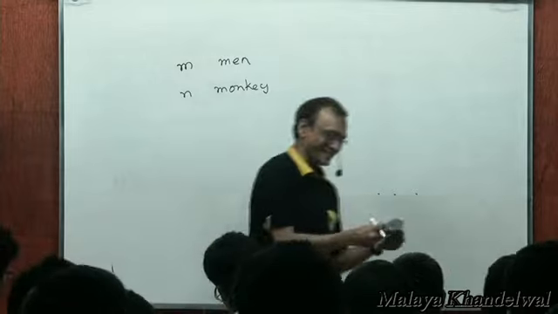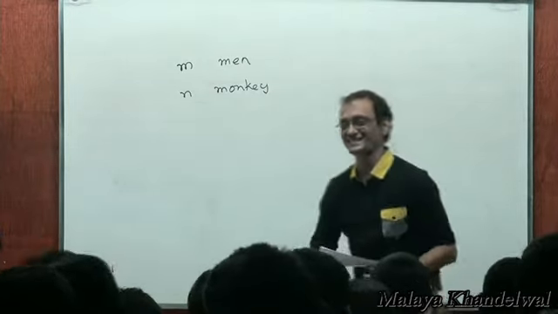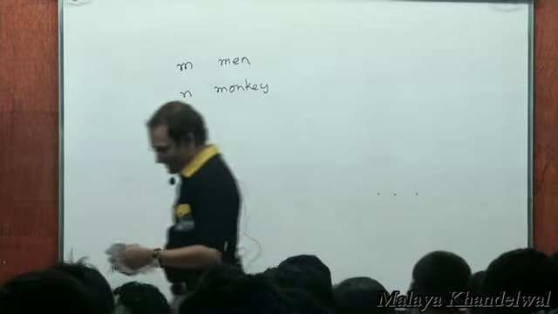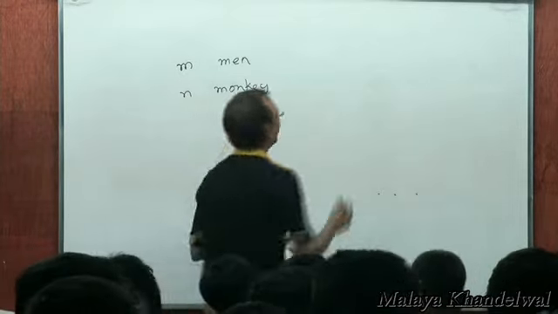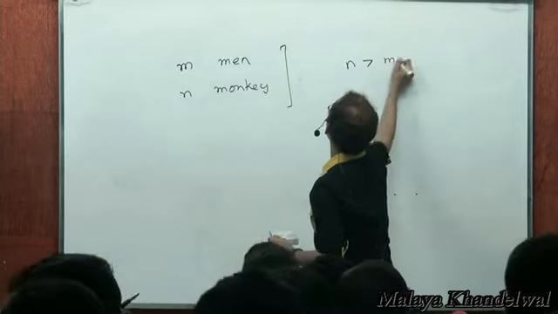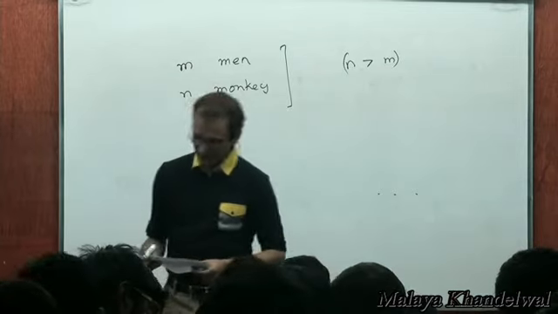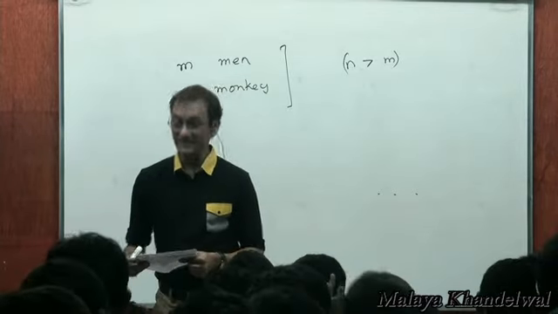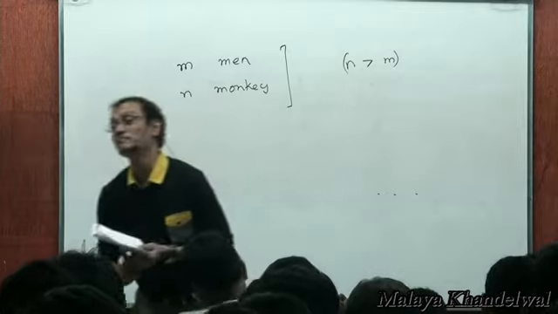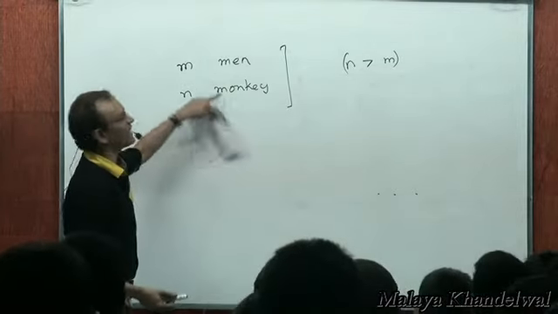Always the case, because amongst the men are also some monkeys. All right. N greater than M. Number of monkeys greater than number of men. In how many ways can a monkey have a master? In how many ways can a monkey have a master?